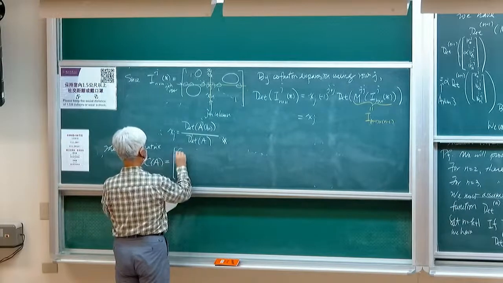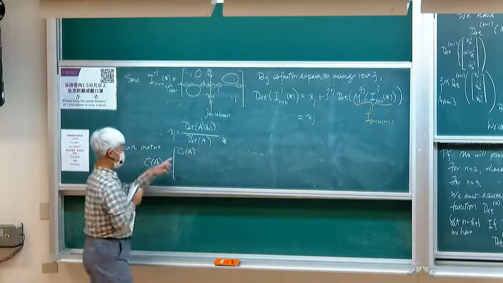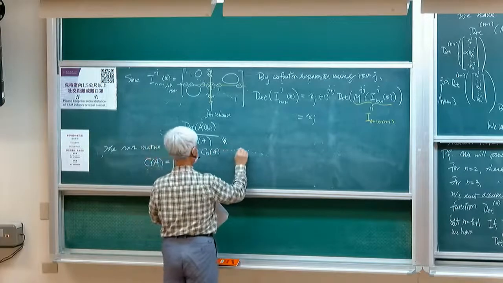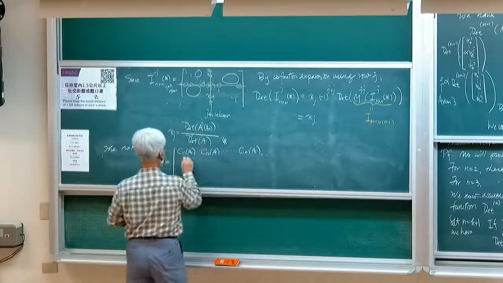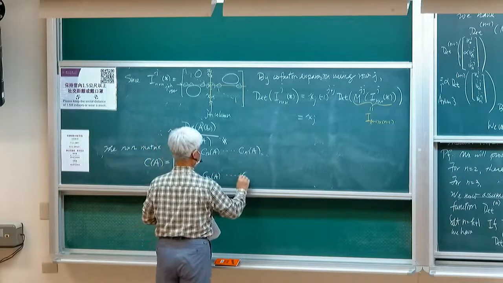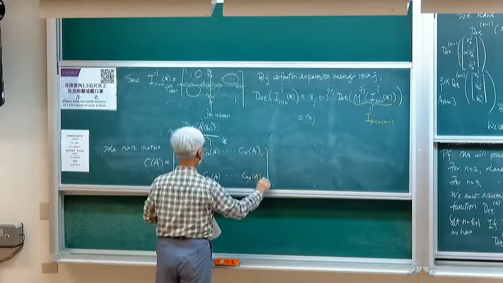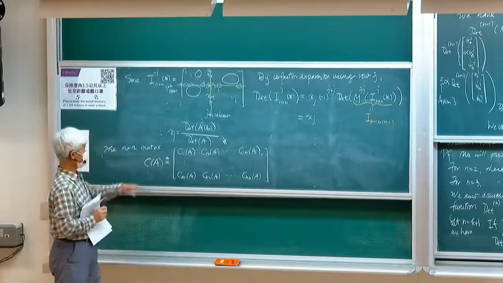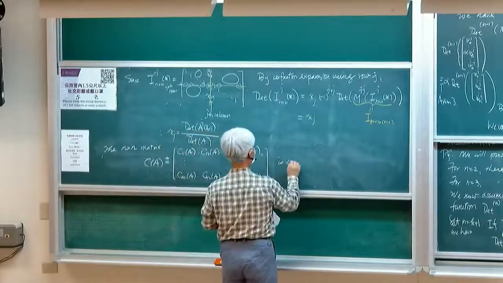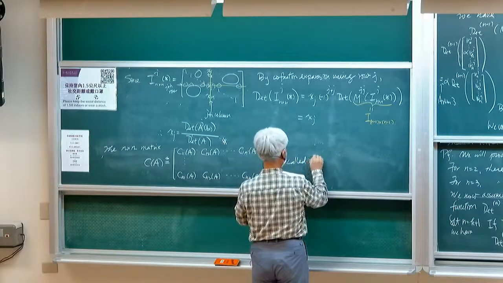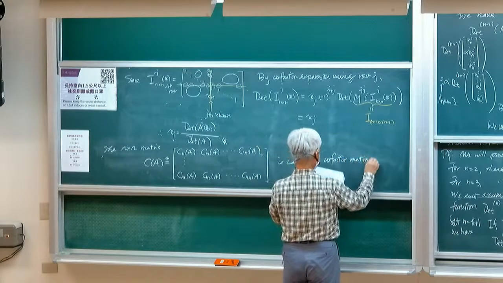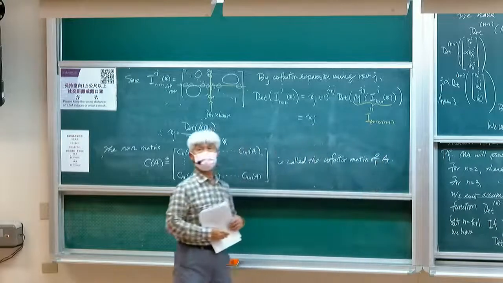Here we have C11 of A, which is the 1-1 cofactor of A, C12 of A, up to C1n of A, then Cn1 of A, Cn2 of A, up to Cnn of A. We name this matrix C of A. This matrix is called the cofactor matrix of A.